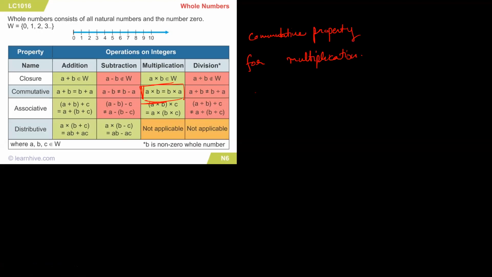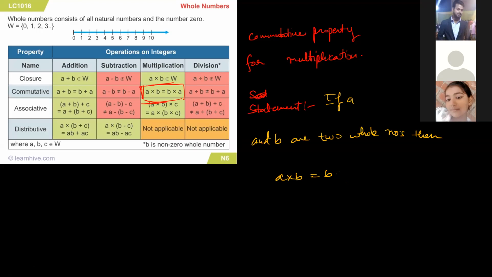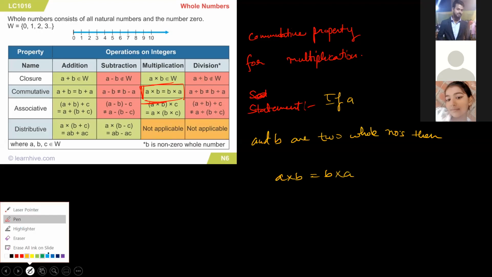So this property says, what is the statement of this property? Says if A and B are two whole numbers, then A multiplied by B will be equal to B multiplied by A. Okay, now let us prove this.